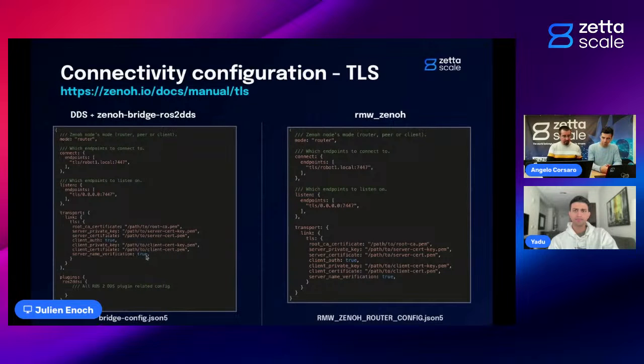You can also disable server name verification in case your certificates are bound to IP addresses, for instance, which are not verifiable by DNS. Then you need to deactivate server name verification. And by the way, this same configuration works for the bridges and for RMW Zenoh. So no surprise, it's always the same.